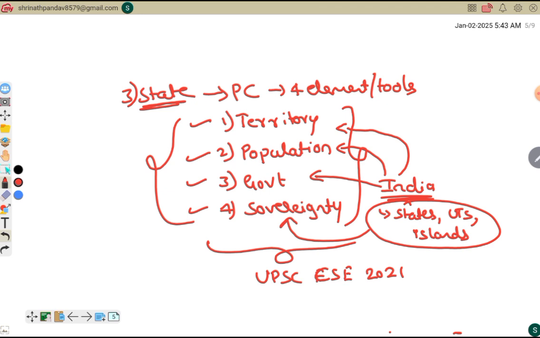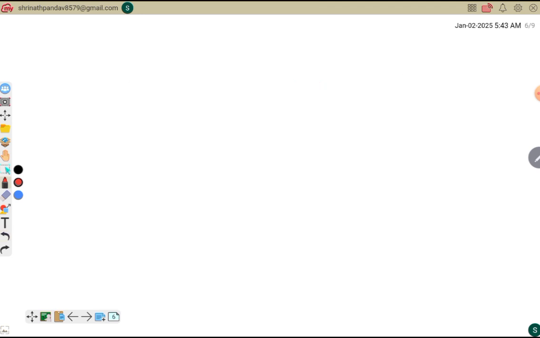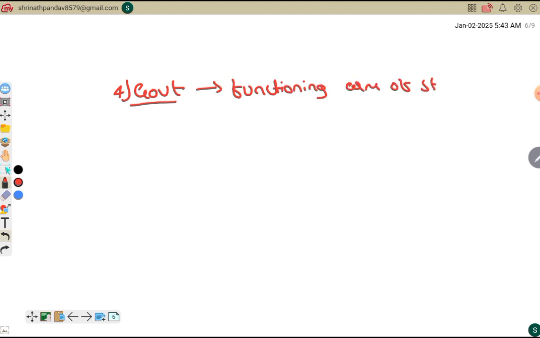The next terminology is government. Government is a functioning arm of state. Now we have seen that state has four elements, that is population, sovereignty, government, and territory.